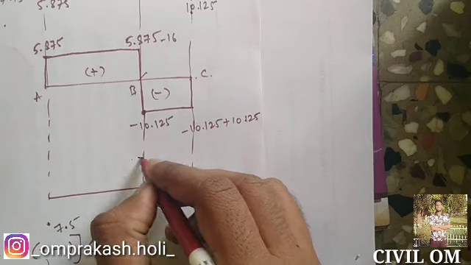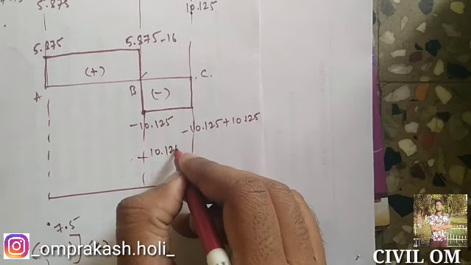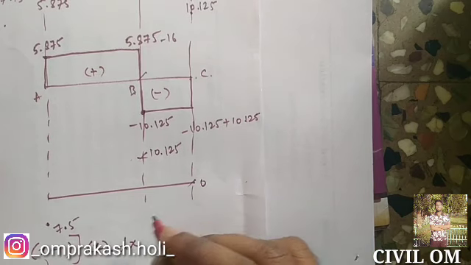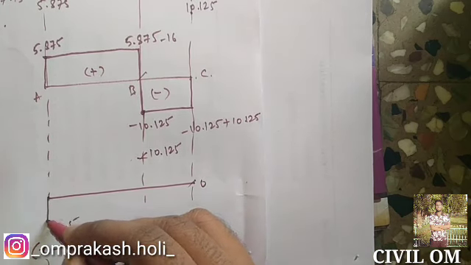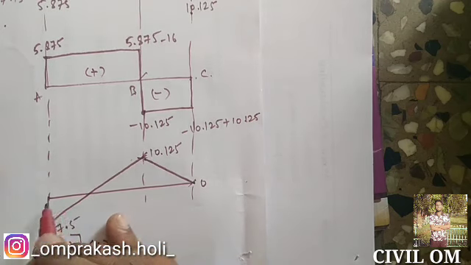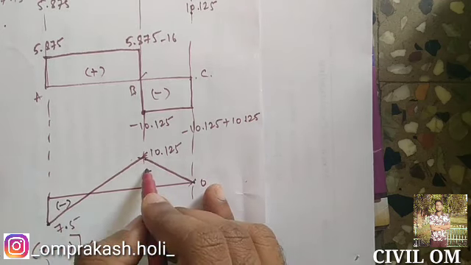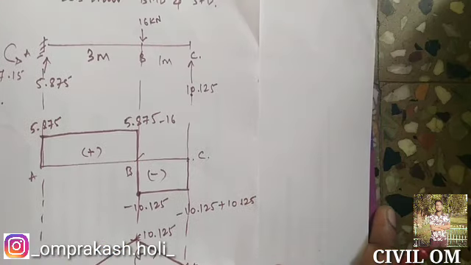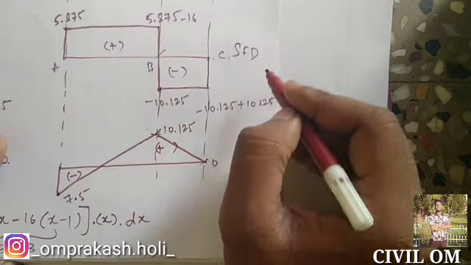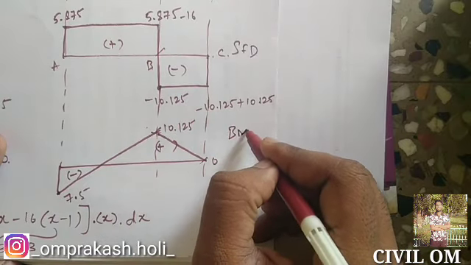So let's mark it here, 10.125. Next, here we have 0. So let's join the points, this, and this. Here it is negative, here it is positive. So this is the shear force diagram, and this is the bending moment diagram.